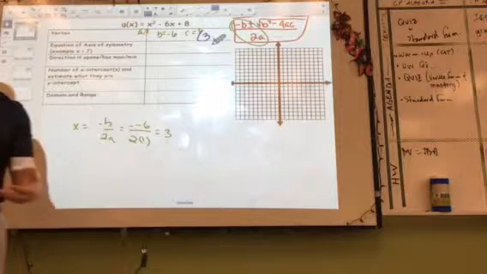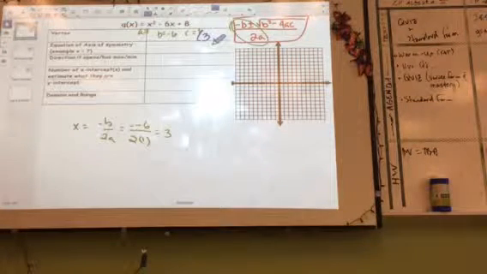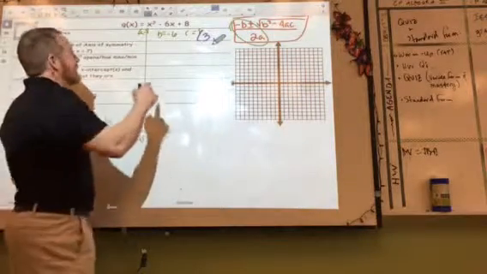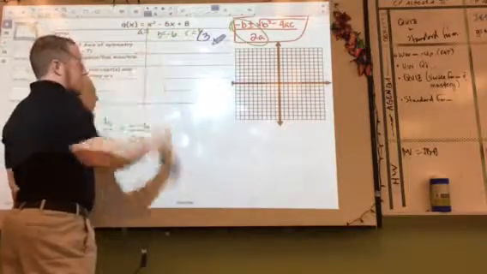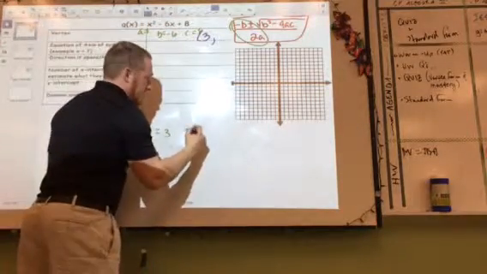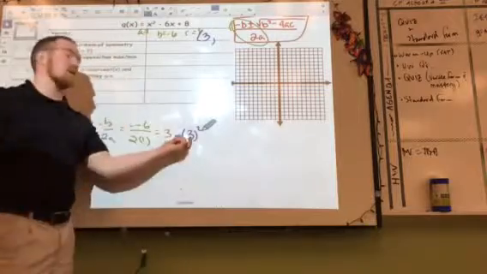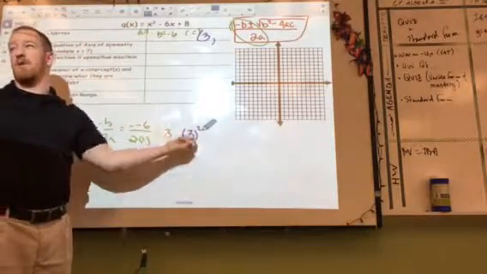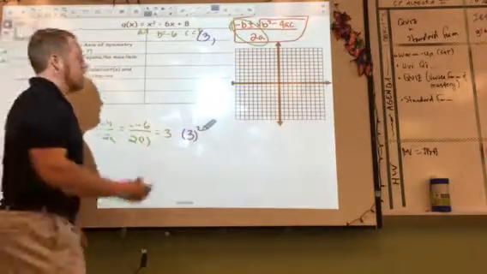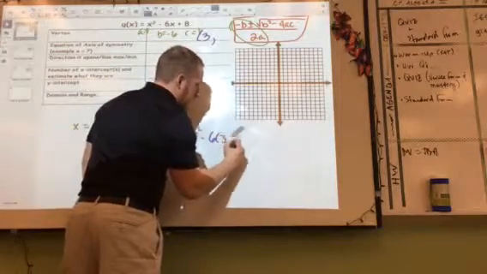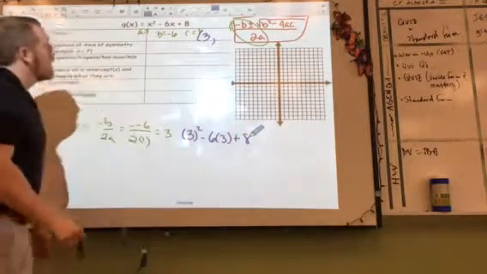So how do I get the y-coordinate of the vertex? How do I get any y-coordinate if I know an x-coordinate? Very good, folks. We plug it in. So I'm going to plug 3 into this function. 3 squared. I'm doing the parentheses because if I got a negative, I'd want to make sure I had parentheses around the negative. Minus 6 times 3 plus 8.